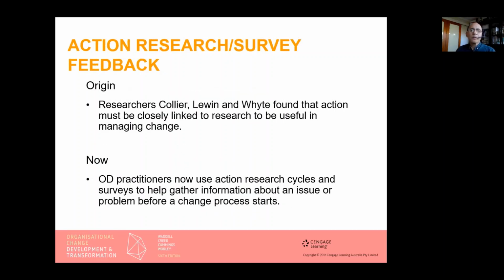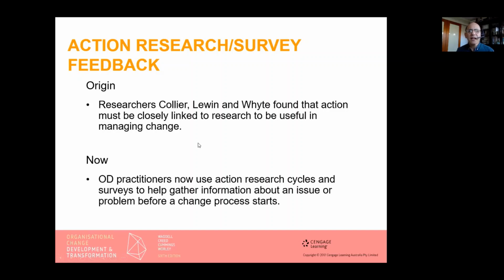All right, so another approach that is quite common nowadays is what we call the action research feedback model. Now again, Lewin appears, along with Collier and White. They found that this action research framework, if you link action with research, can be very useful in managing change.